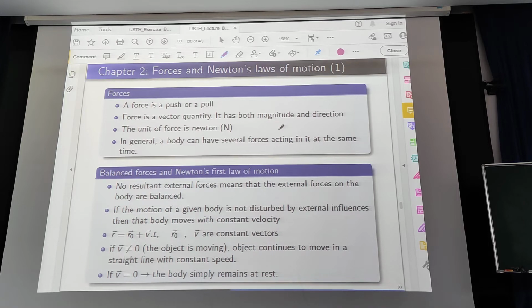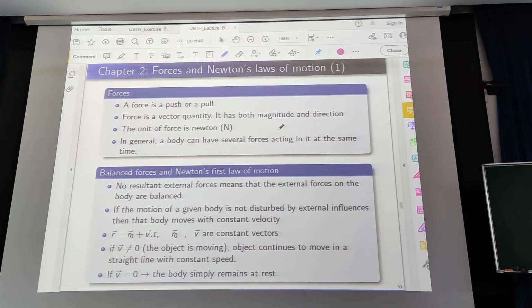A vector quantity means it has a magnitude and a direction. If you push, the direction is to the left, right? If I pull, the direction is to the right. And the unit of force is the Newton, named after the scientist Isaac Newton.